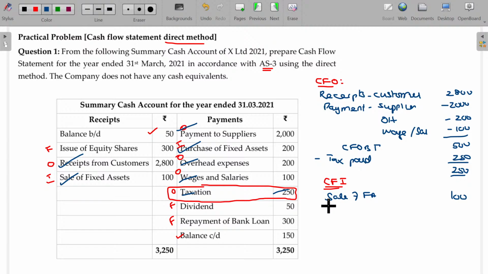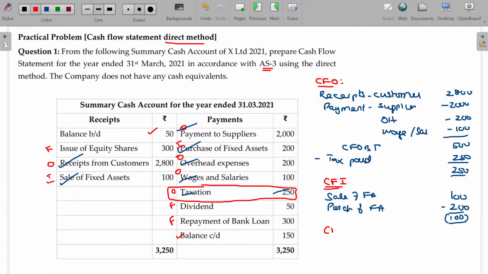And purchase of fixed assets, the value being 200, minus item. So the ultimate value for the cash from investing being 100 negative.